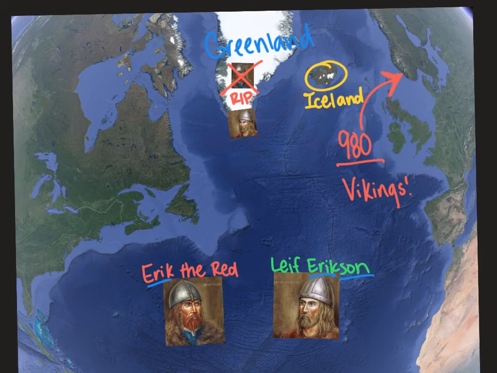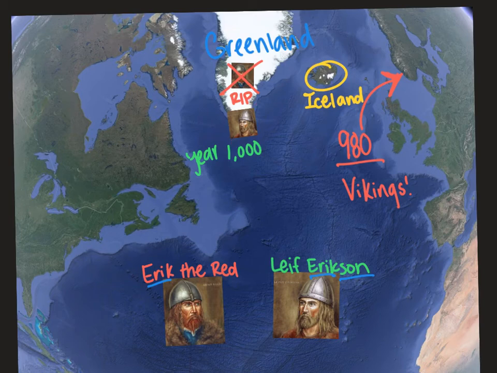But now it is year 1000. So it's about 20 or so years after Eric the Red left Norway and discovered this new land, Iceland and Greenland, and he passed away and had a son, Leif Erikson.